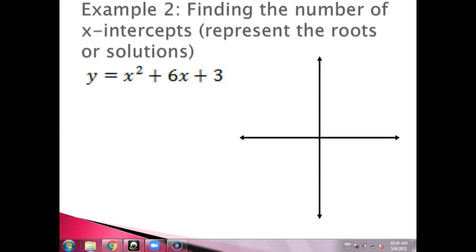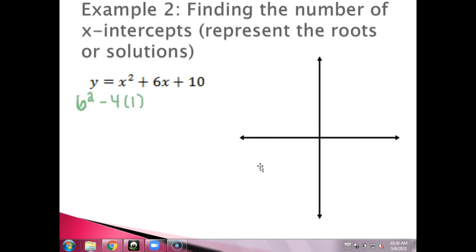Okay, let's look at 2 more. So we're going to find the discriminant. So you get b squared minus 4ac.